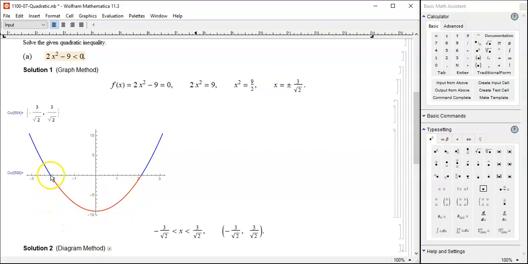And if I find this point and that point, this zero and that zero, I can express it as a solution. Now, how do you find these two zeros? f of x equals 0, solve one equation instead. So here we go. You cannot factor it with integer coefficients, but you can still set up the equation and solve it using square root. And once you solve it, with the help of the graph, you can get the interval.